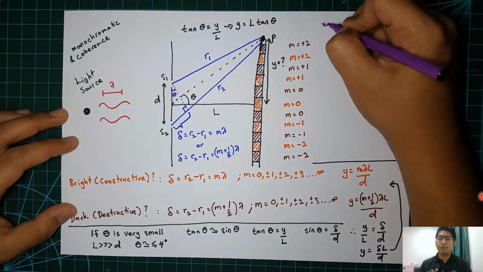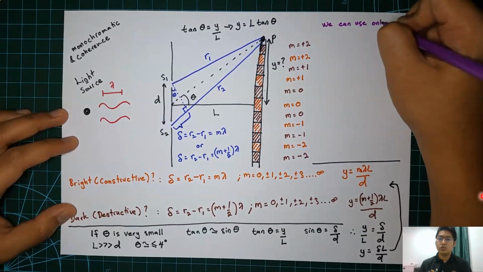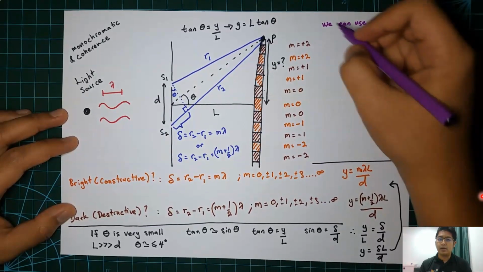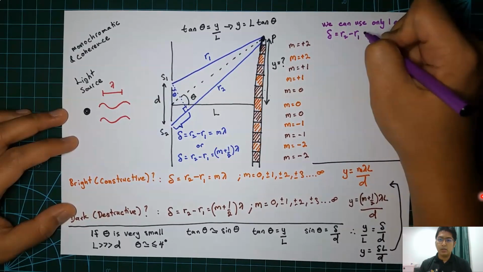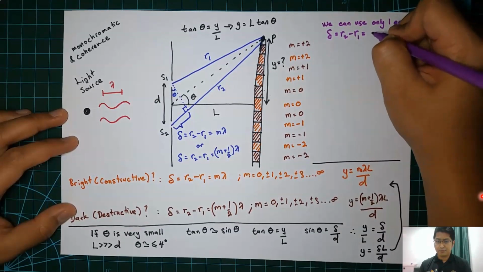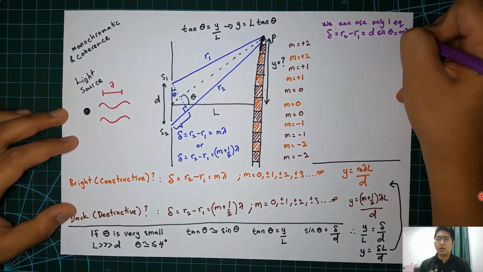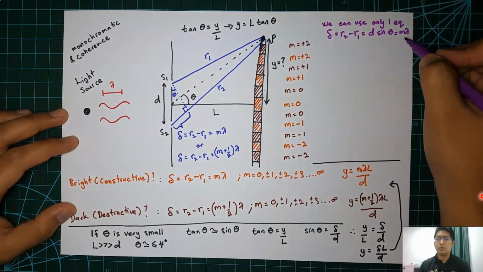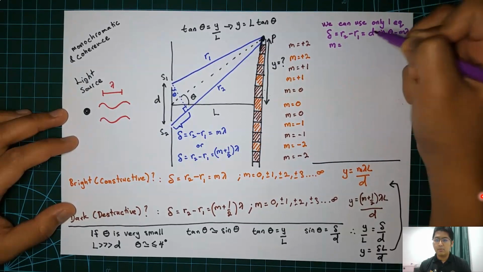Next, we can actually use only one equation to find the bright and the dark fringes. Using this textbook, we need two sets of equations, but usually we can use only one equation to calculate both bright and dark fringes. How? We use only the equation of the bright fringe, but we control the condition.